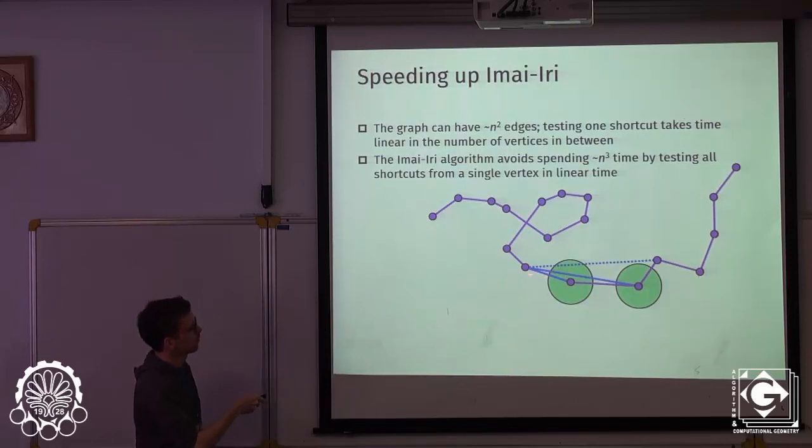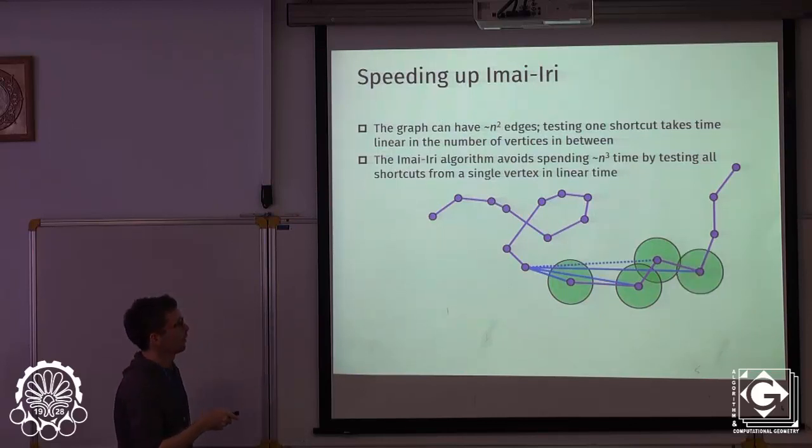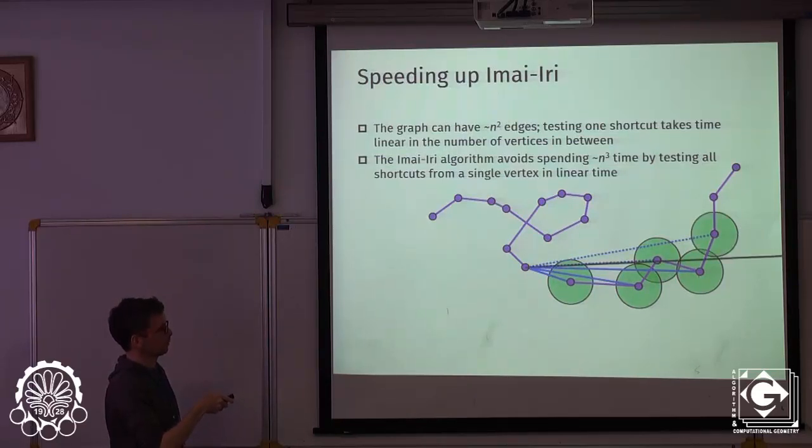So we will have to continue to test, but now next what we want to do is look at the epsilon disk here also and test whether this edge stabs all of these three disks, which it does. So this again is a valid shortcut. Then we'll continue adding this disk. The question is, do we stab all of these disks, which is not the case here, so it's not a valid shortcut, and so on.